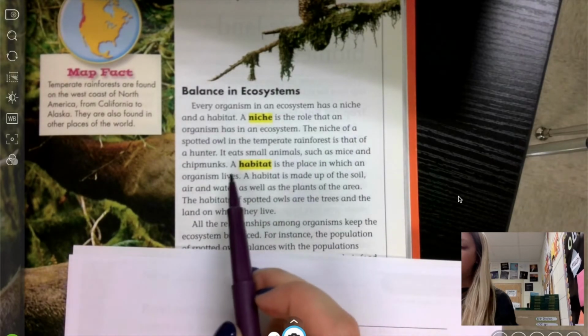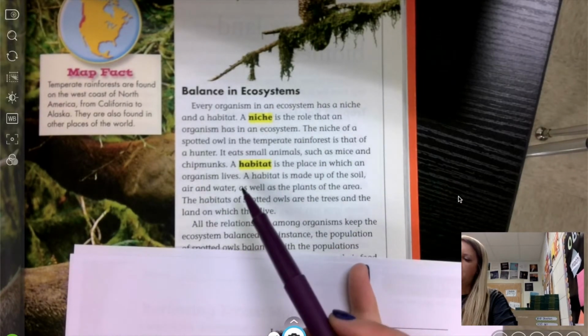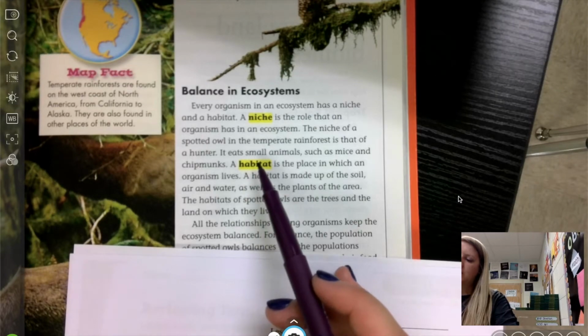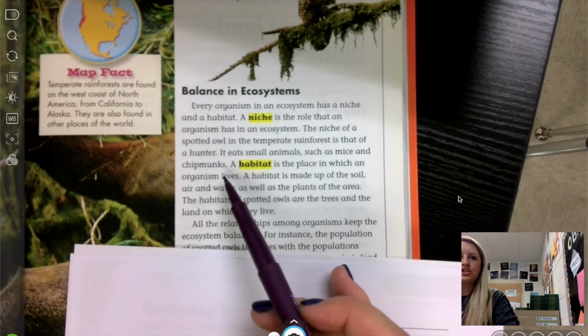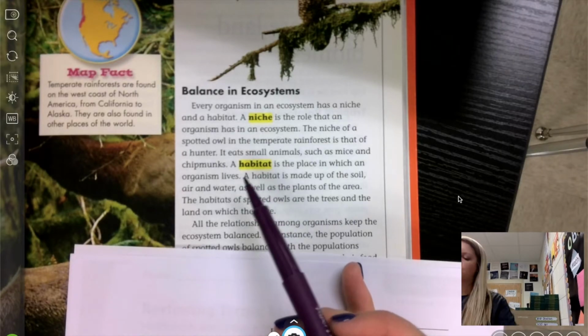So the niche of a spotted owl, which you can see right up here, is that of a hunter. It eats small animals such as mice and chipmunks. A habitat is the place in which an organism lives.